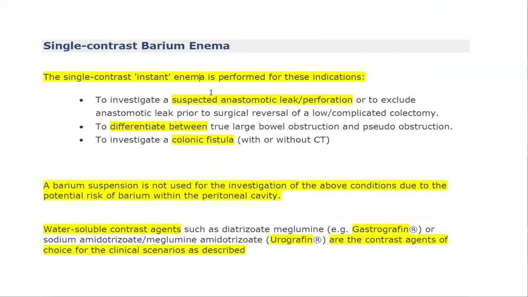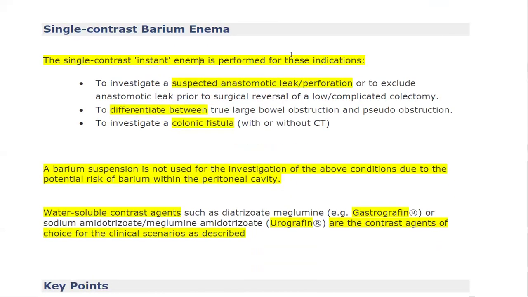Single contrast enema is performed for three indications: to investigate suspected anastomotic leak or perforation, or to exclude anastomotic leak before surgery, or to differentiate between true large bowel obstruction and pseudo-obstruction, and to investigate colonic fistula, with or without CT scan.